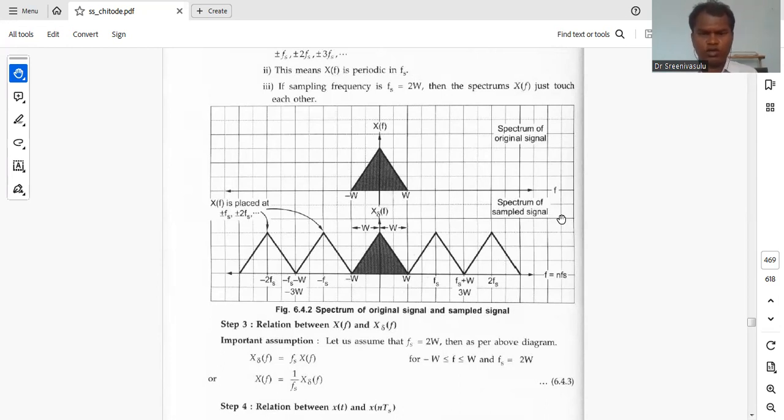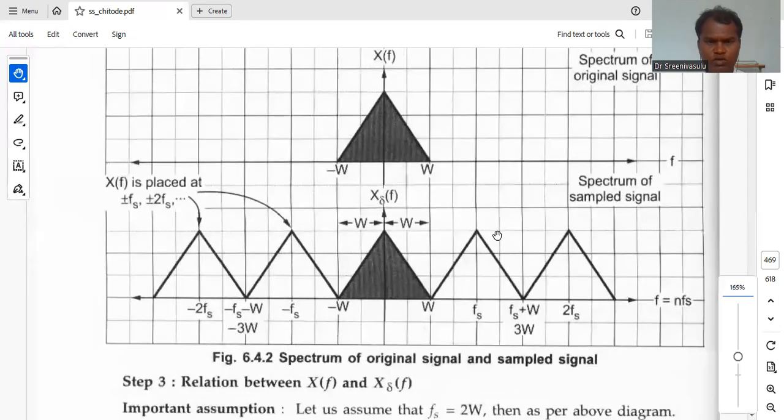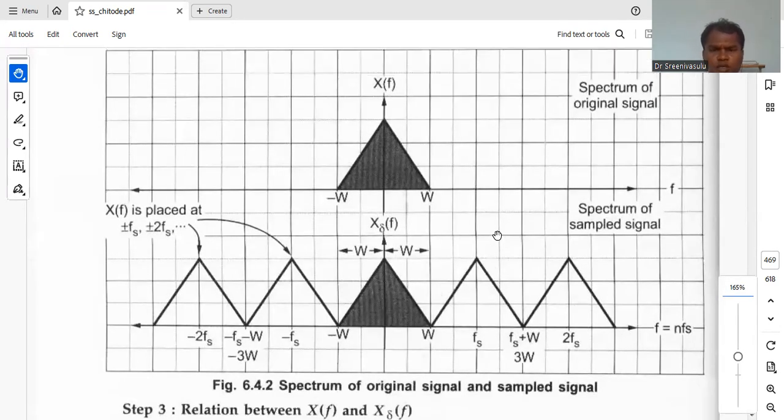Today, we are going to discuss reconstruction of a message signal from its samples. Now you see this diagram. It is the relation between original signal spectrum and sampled signal spectrum.